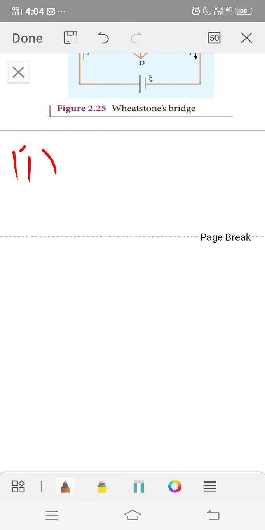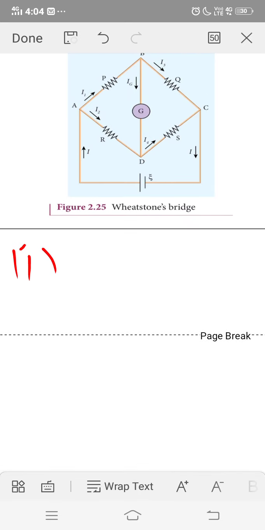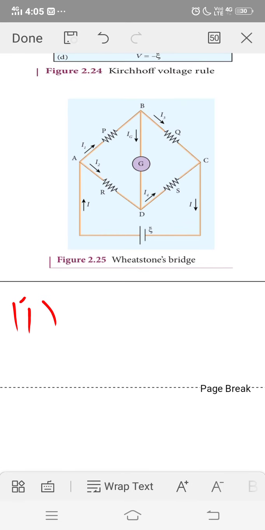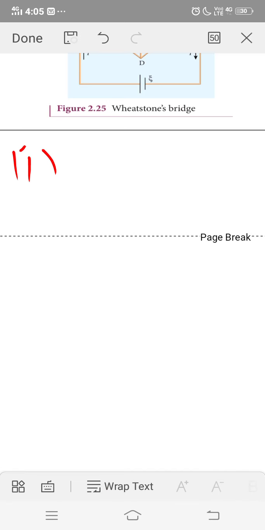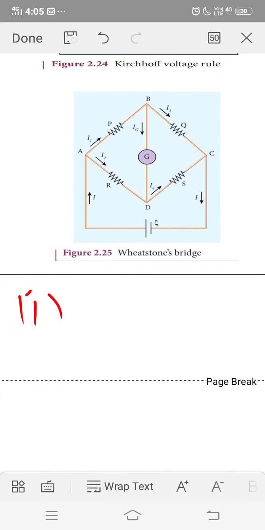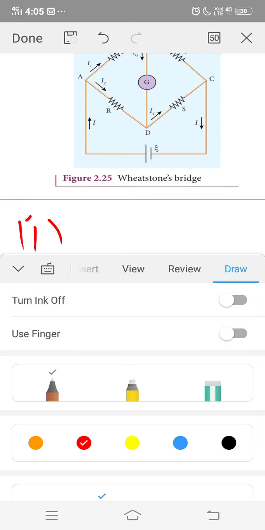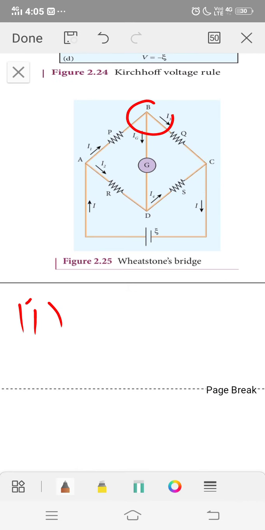We are applying the Kirchhoff current rule, first to junction B. At point B, according to the Kirchhoff current rule, what will happen?